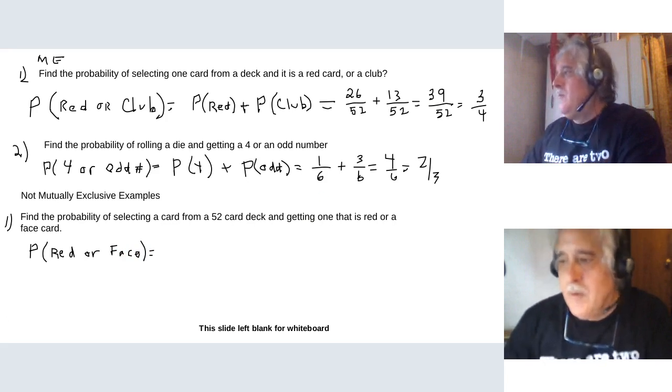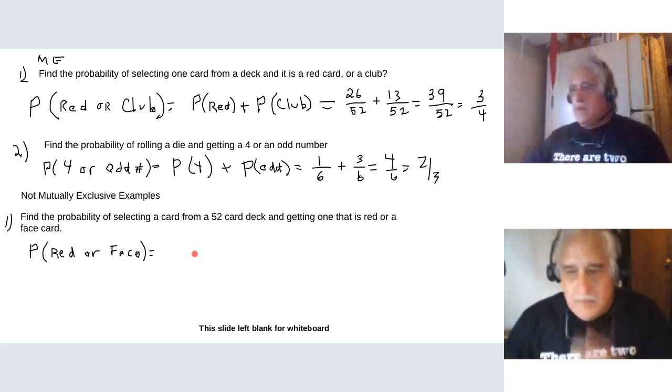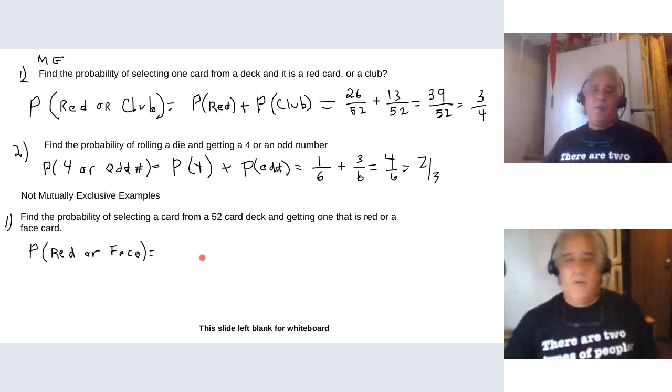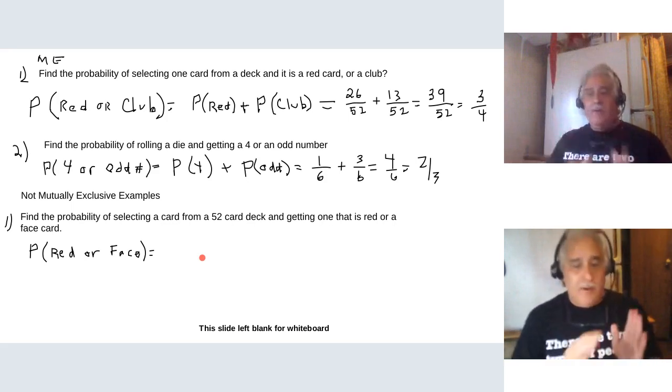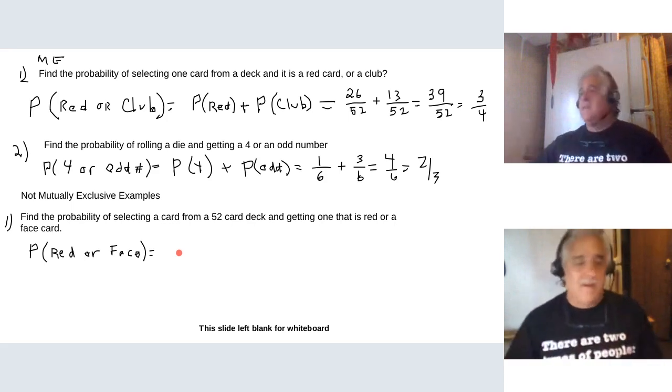So we're just going to simply follow the formula that we're going to find the probability of the red, the probability of the face, add those up.